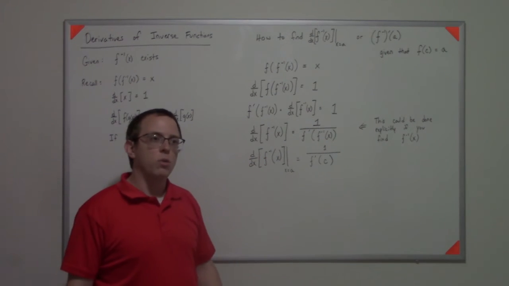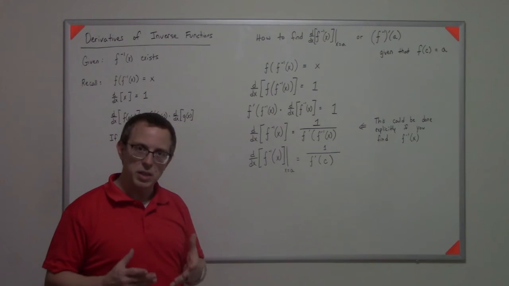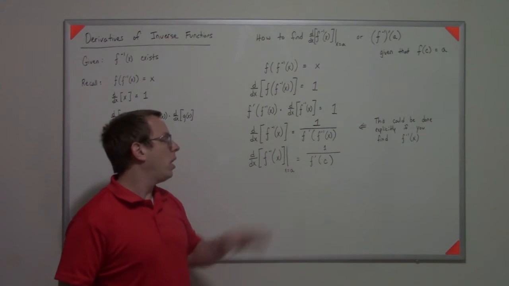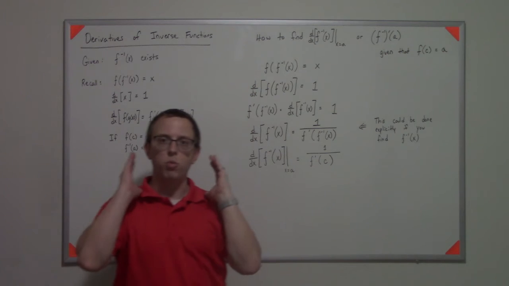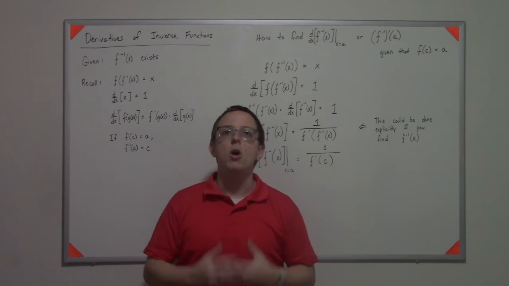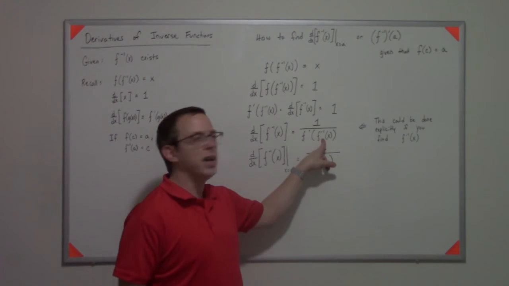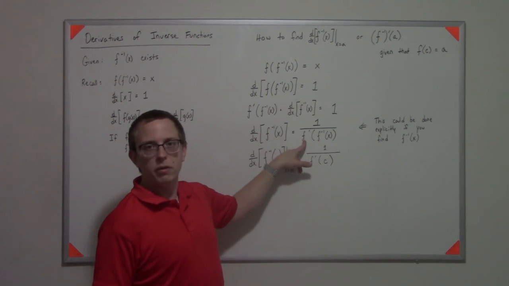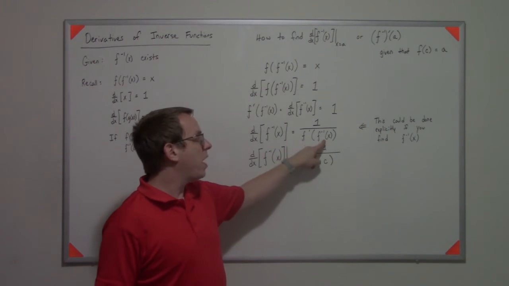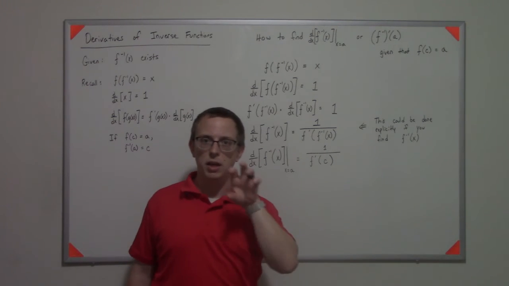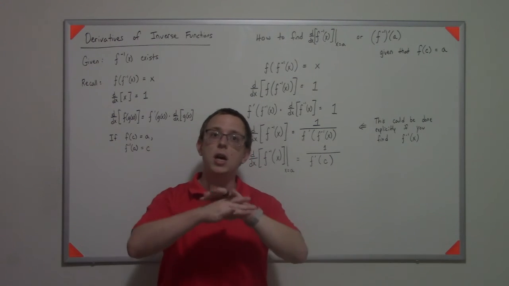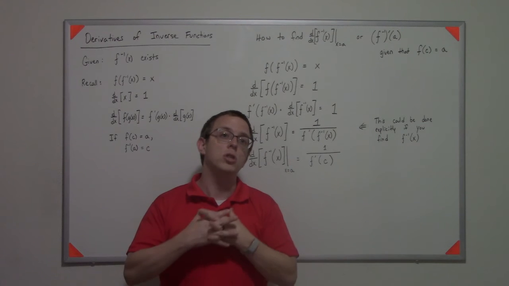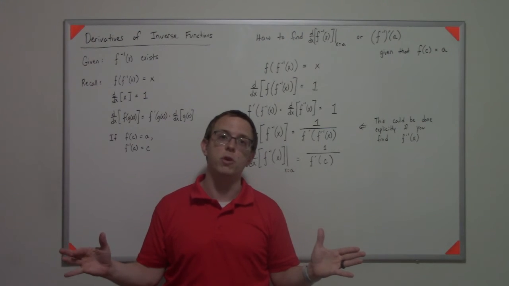So if you wanted to find this explicitly, if you wanted to say, well, I don't want some complicated formula, I just want something in terms of x, what you'd have to do is still find the inverse function. And then you'd have to find the derivative of the original function, find the inverse function, and then plug it in for x. But if you do that, you can simplify this, and now you just have the derivative of the inverse function.